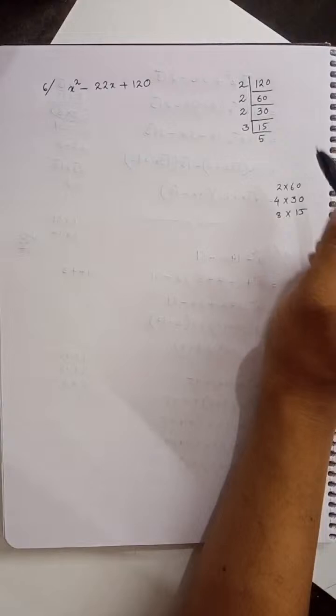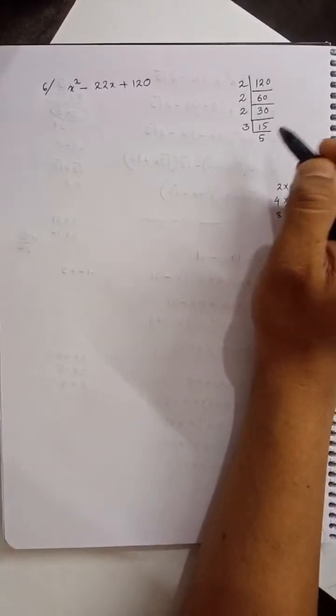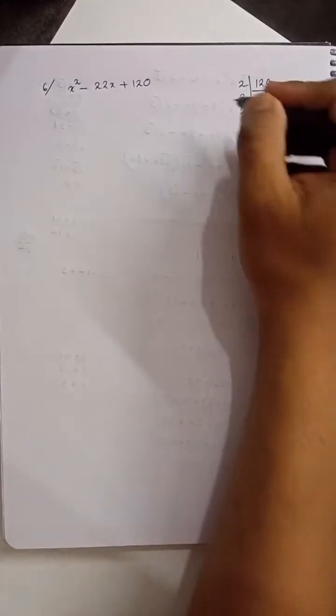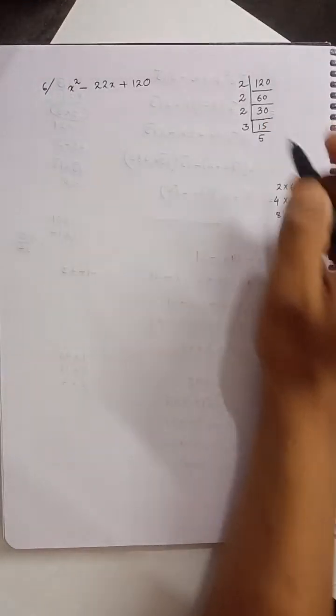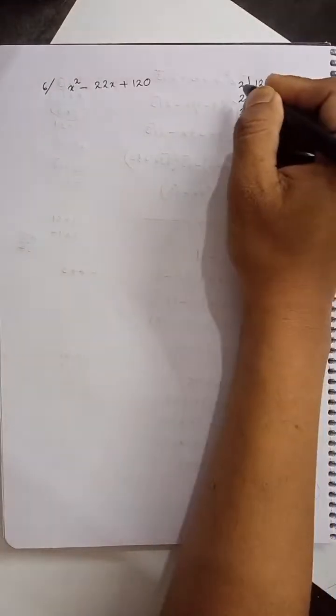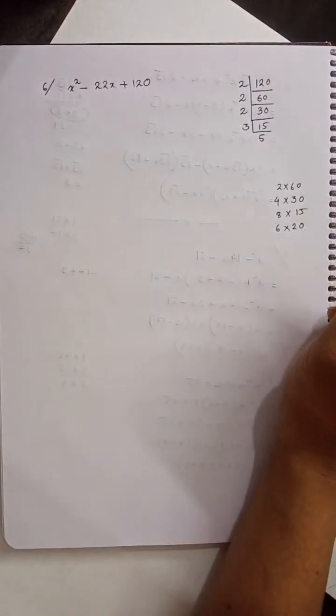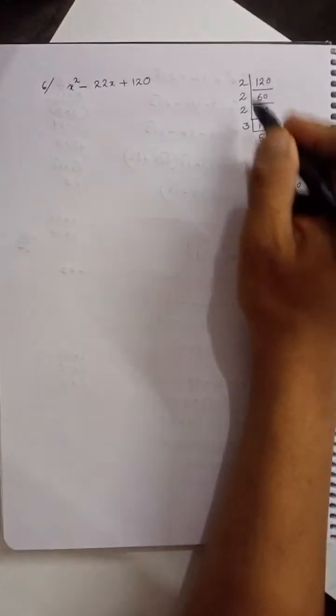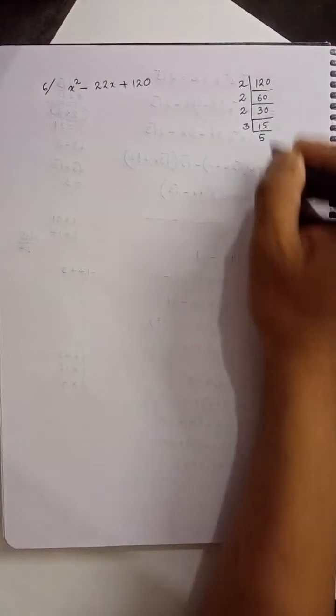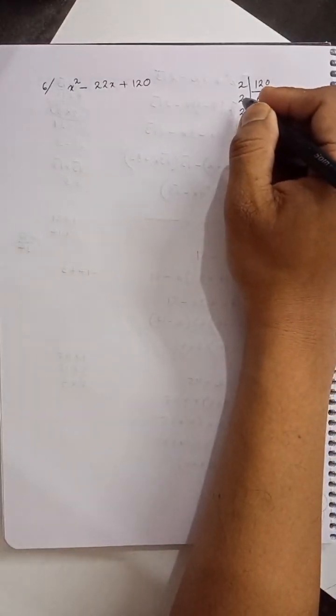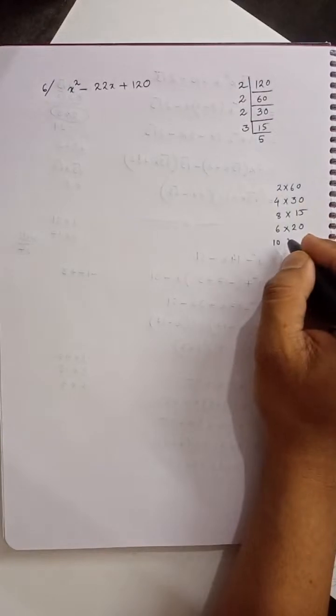So we'll write the remaining combinations. So this is 5, or we can take 6. 2 into 3 is 6, and 2 into 2 into 5, 20. Then we can take 10. 5 into 2, 10. 2 into 2 into 3. So these are the combinations.